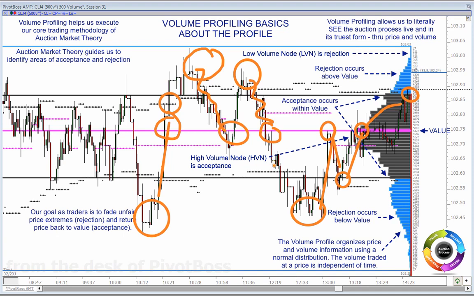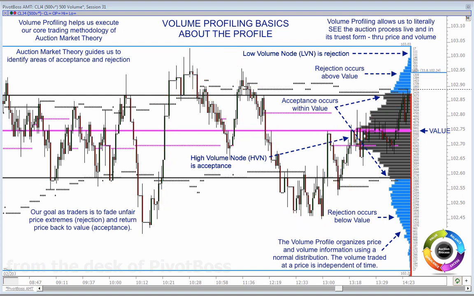So what's great about the profile is that it helps you see the auction process live and in its truest form through price and volume. If you want to feel like you are seeing the market, all you need is this information here. And that's why some of the truest volume profiling pros don't even need this price action.